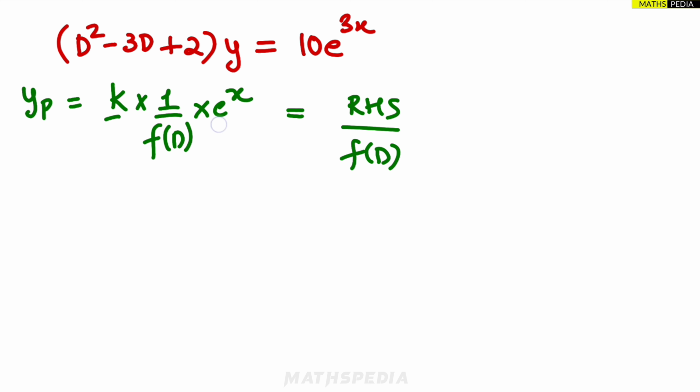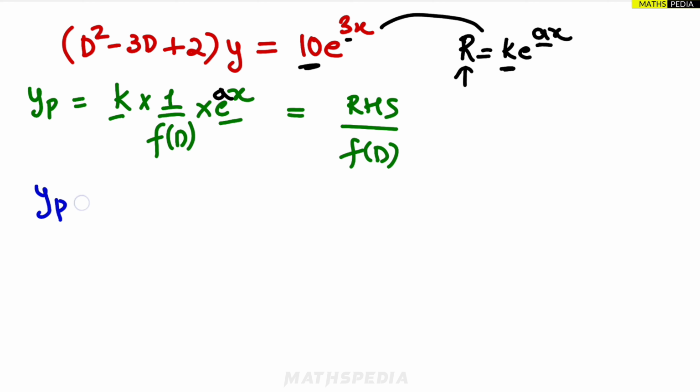So here, what is k, what is e power ax, that you have to understand first. Basically a function is there, represented by r, which is equal to k into e power ax. Now compare this and this. What is the k value? The k value is 10. What is the a value? The a value is 3. Here e power ax should come.